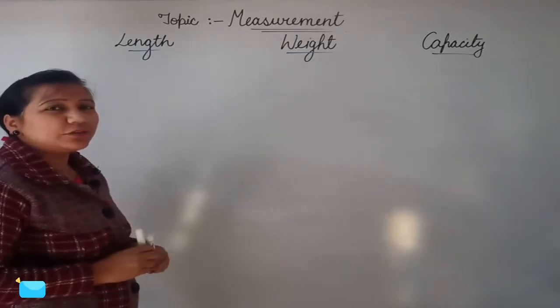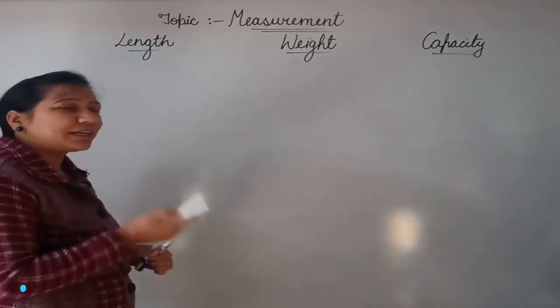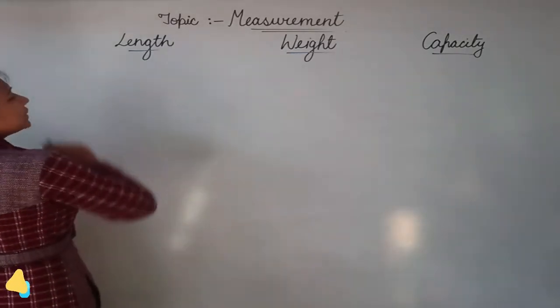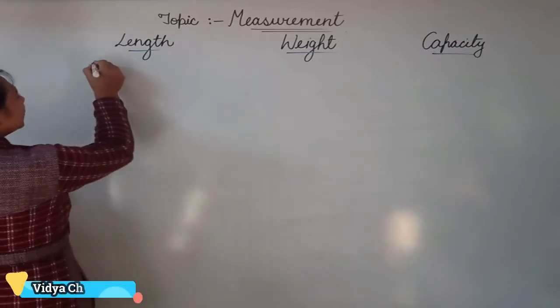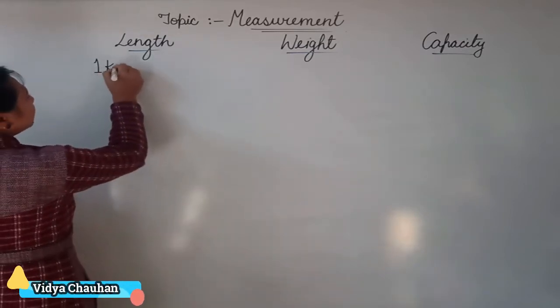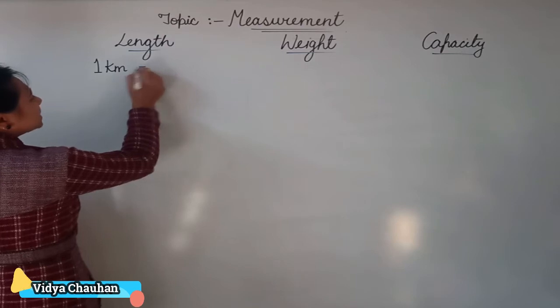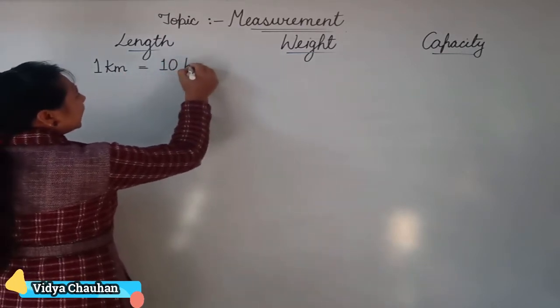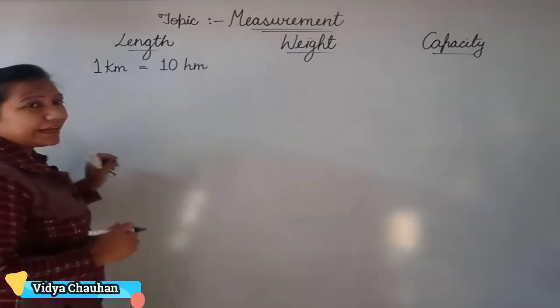You might have understood this concept in your previous class also, but let's take a quick revision of that. Very first, if we talk about length, the biggest unit which we have is kilometers. So 1 kilometer is equal to 10 hectometer, 10 hm.